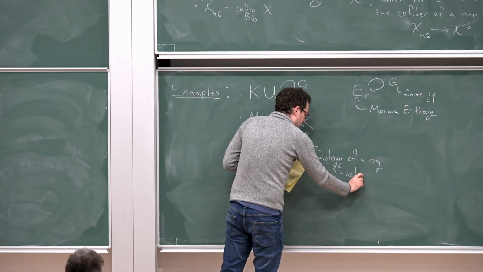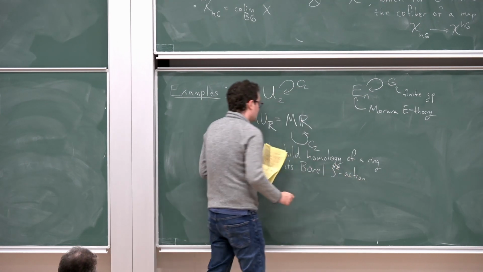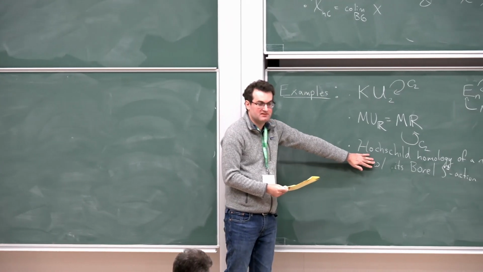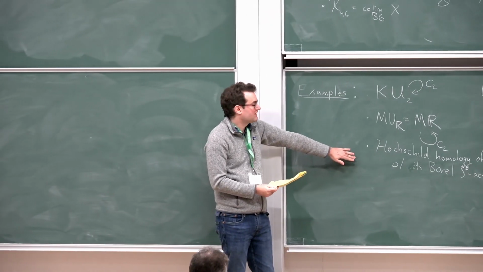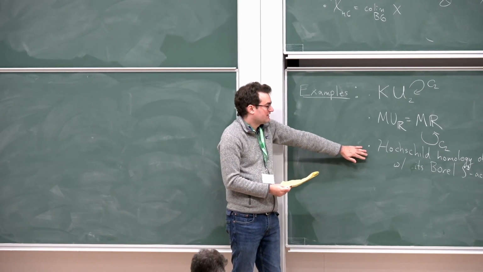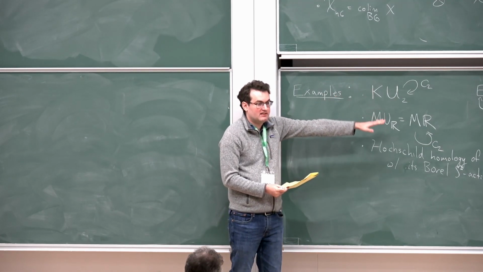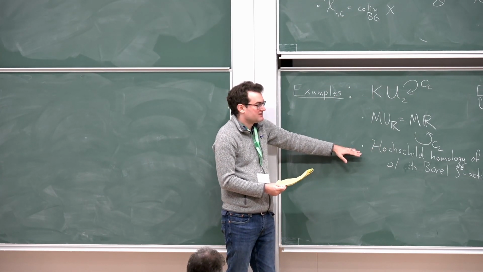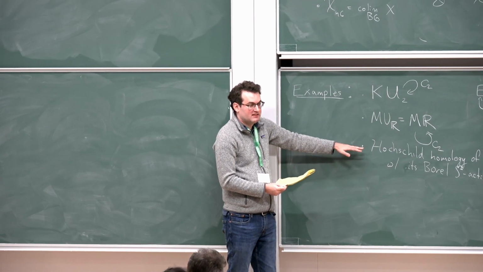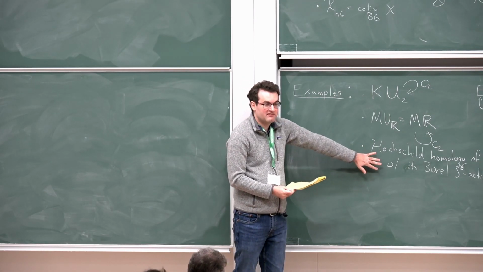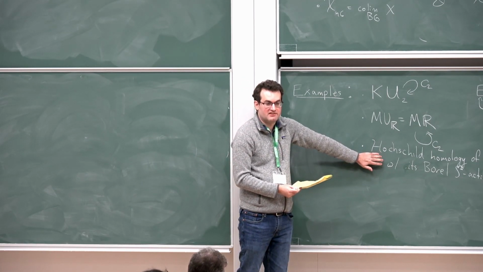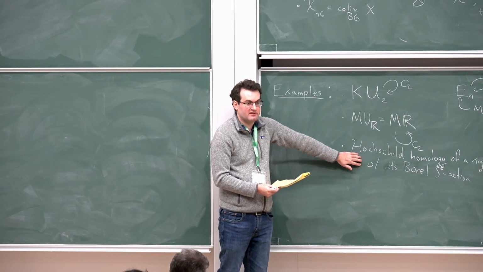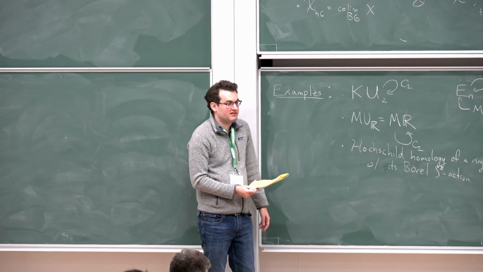So I expect we'll see these examples come up again and again, and it's not so important if you don't know what this is yet. It'll be explained later. But these are all really Borel G-spectra. I'm not yet talking about genuine G-spectra, and it's sort of an observation maybe of Nikolaus and Scholze that just knowing this is a Borel S1 spectrum is enough to do everything one typically wants to do with Hochschild homology.